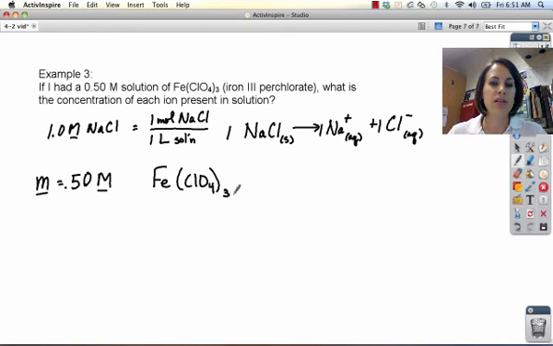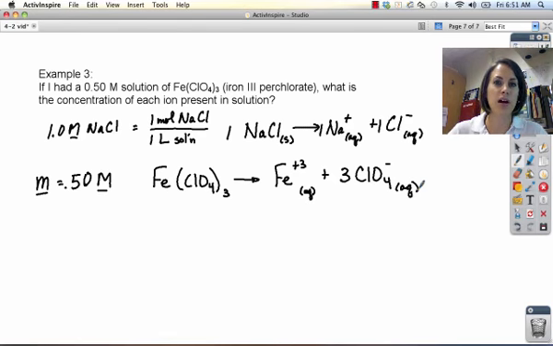That's going to break apart in water, and that means I have an Fe3+ ion, and there's only one of them, and I get 3 perchlorate ions. And now my equation is balanced, so my coefficients are 1, 1, and 3.